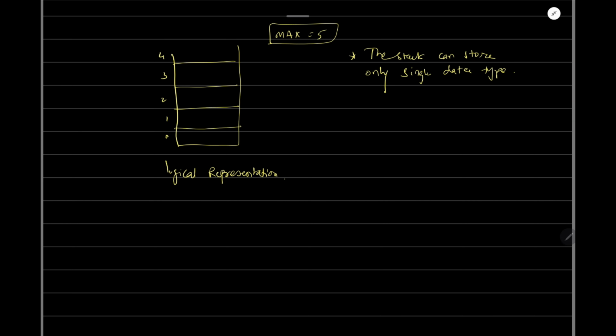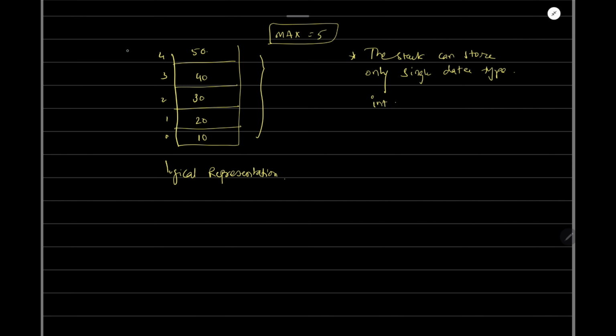For example, it can be int or float or char, but all the elements should be of the same data type. So let's say we assume it is int, then all should be integers. Let's say we have written 10, 20, 30, 40, 50. So now the stack is full. This is how we can put the elements here.